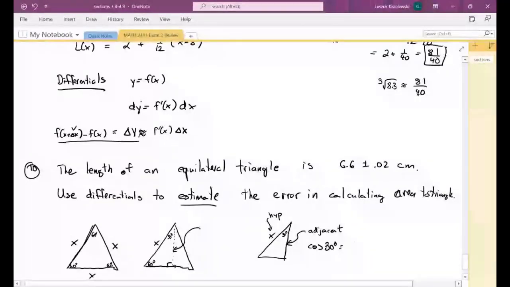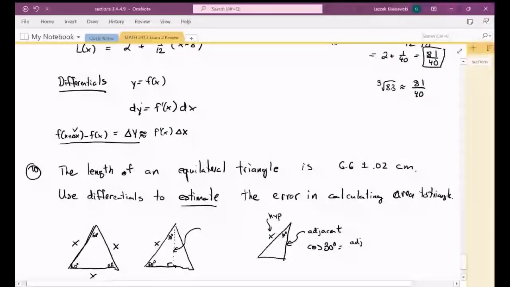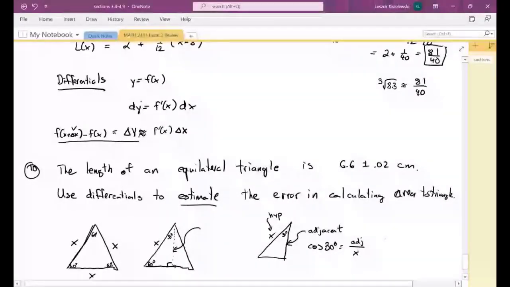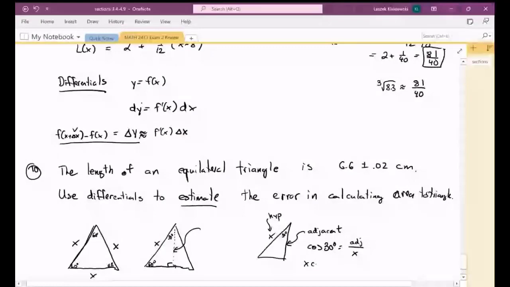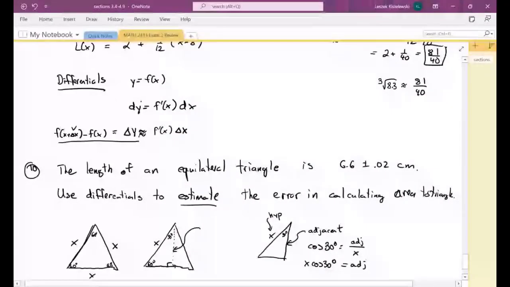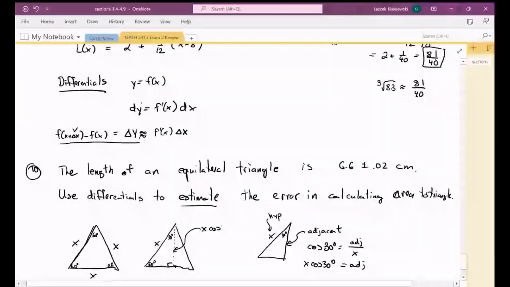So cosine of 30 is the adjacent side over hypotenuse. So the adjacent side must be x times cosine of 30, which I believe is square root of 3 over 2.